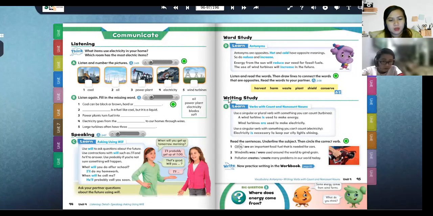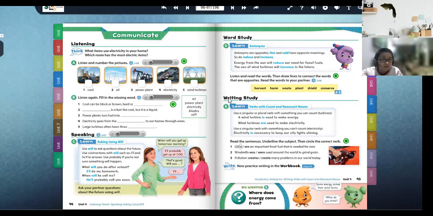Antonyms, just the words. Opposite words. Okay. Big and small. That's correct. What else?